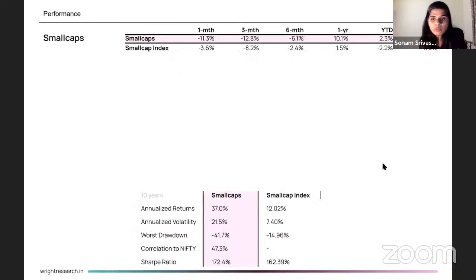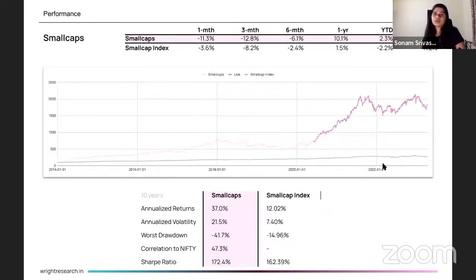So we have a small cap portfolio that similarly works in the market. It has had a very good outperformance over the small cap index. It has a 37% CAGR based on 10 years of data, which is amazing. Obviously, when there is an impact in the market, that will impact this portfolio.